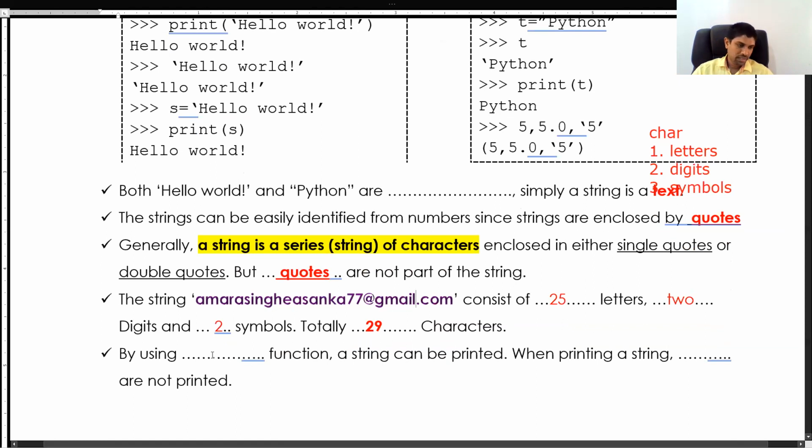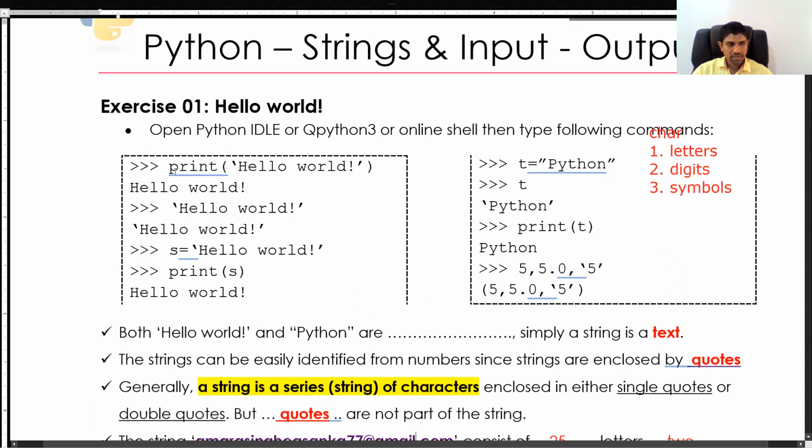For the last sentence, we can say by using which function? By using the print function, a string can be printed. When printing a string, you can see that the first command is printing the string.